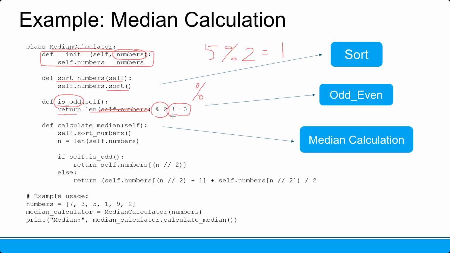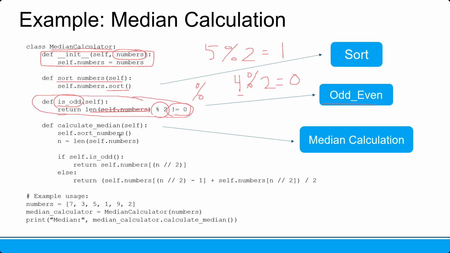If it is not 0, then it is an odd number. 4 remainder 2 is 0, and it is an even number. Okay, so we want to check whether it is odd or even. So we can say we want to make a module for this one.